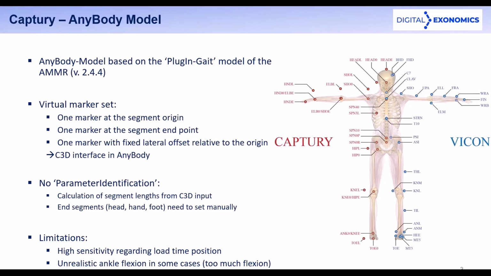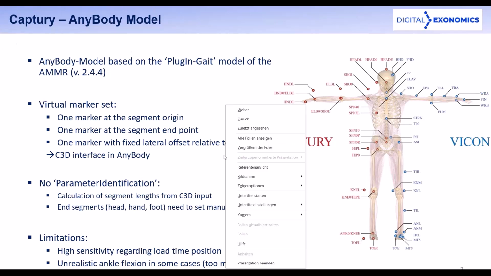For the model itself, the Captury model is basically based on the plug-in gait model from the AMMR that you already know if you are familiar with AnyBody. The biggest difference between the Captury model and the plug-in gait model is the so-called virtual marker set.